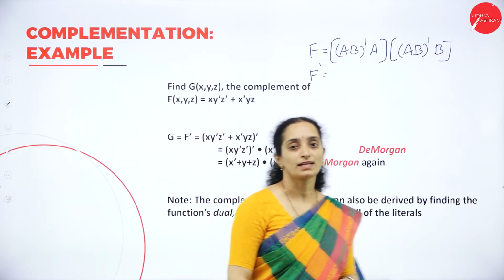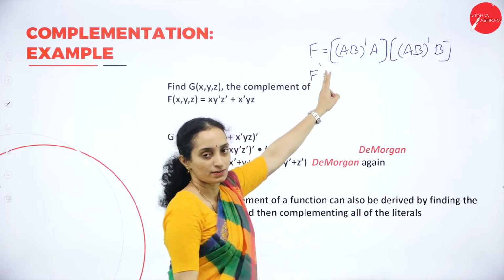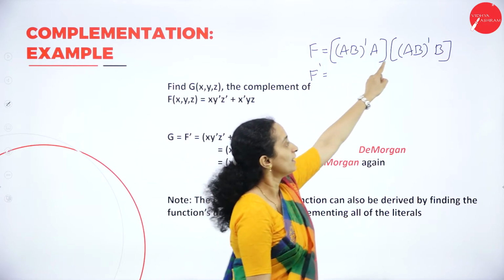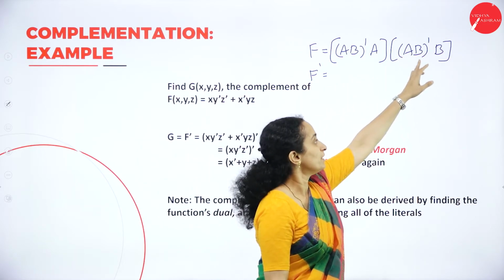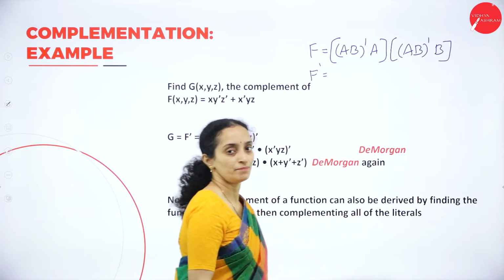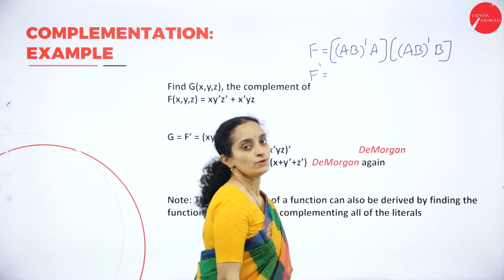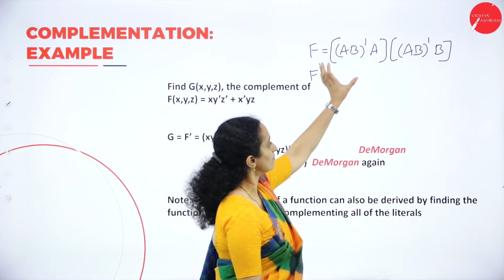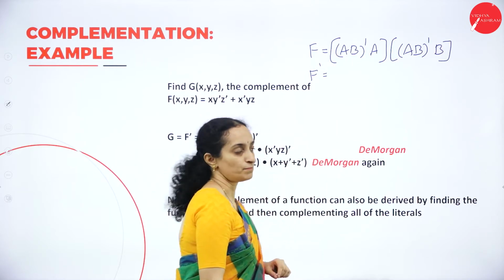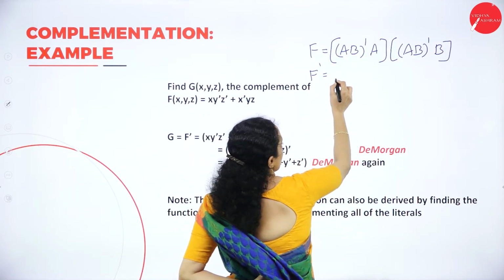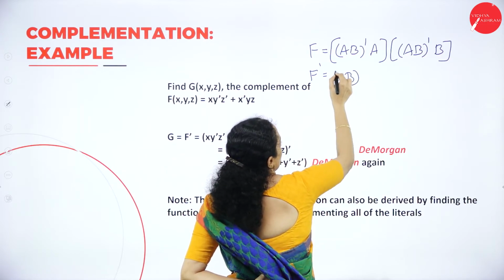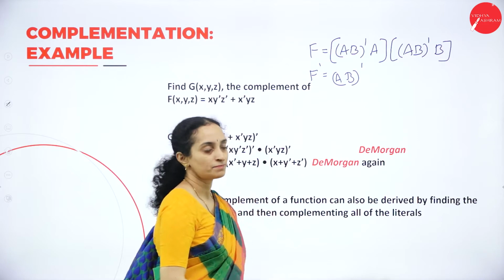This is another example. F equals a into b whole dash into a into b dash into b. Alright. So how do you find out the complement for this? First we have to start with the outer brackets. Now it will be a into b whole dash.